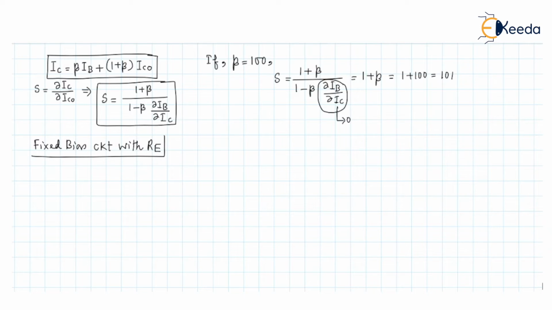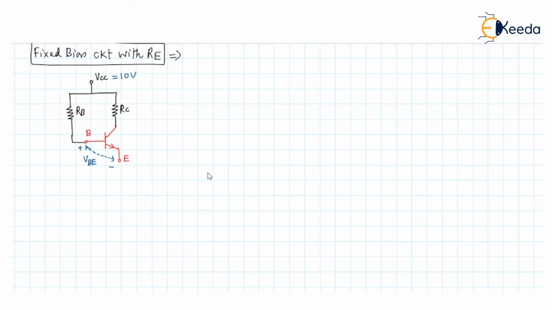Now the circuit will be the same, only there will be an RE resistor connected at this terminal. This is the fixed bias circuit with RE resistance.